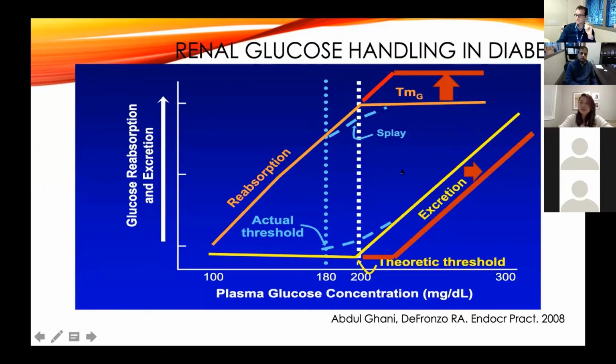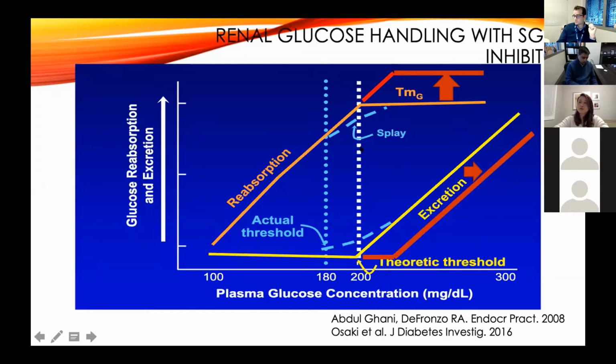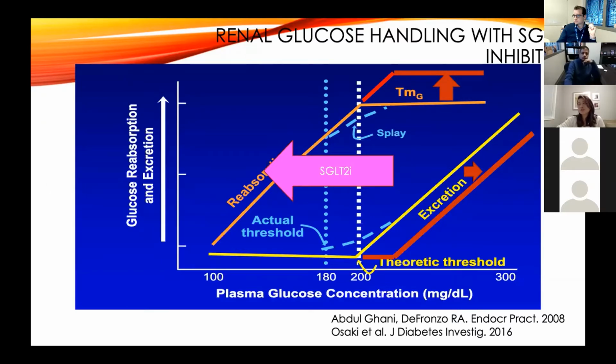And of course, this is a maladaptive response and contributes to further hyperglycemia. What SGLT2 inhibitors do is dramatically reduce the threshold at which glucose excretion begins. This may begin with a plasma glucose concentration well below the fasting levels, around 85 to 108 milligrams per deciliter.